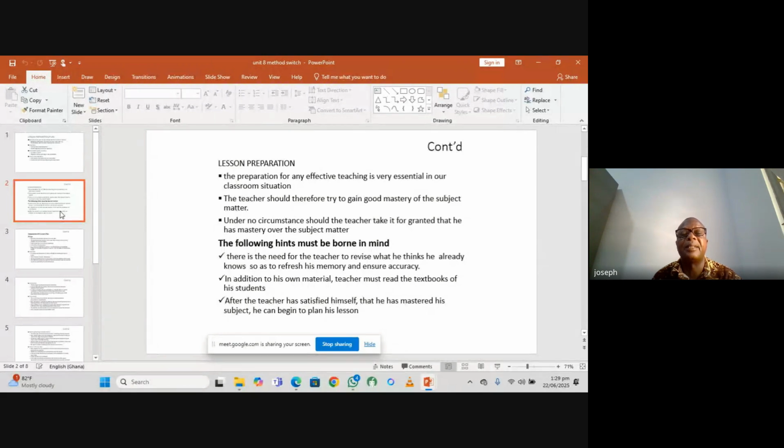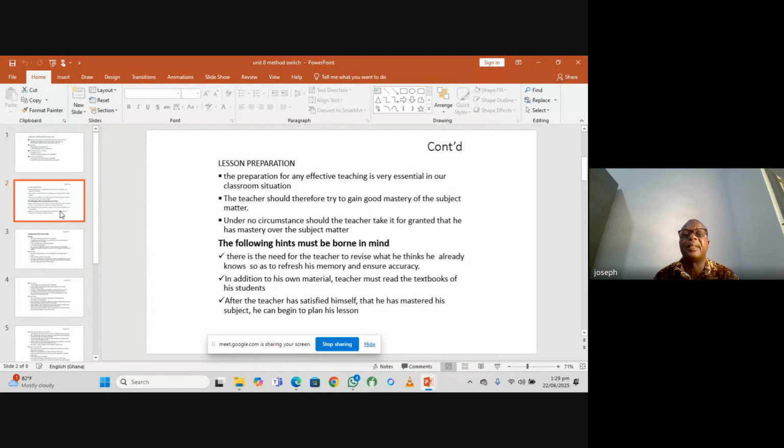The following hints must be borne in mind. There is a need for the teacher to revise what he thinks he already knows so as to refresh his or her memory and ensure accuracy during the delivery. Because when you are giving false information to your learners and they use technology and they realize that you gave them wrong information, they'll come back and attack you.